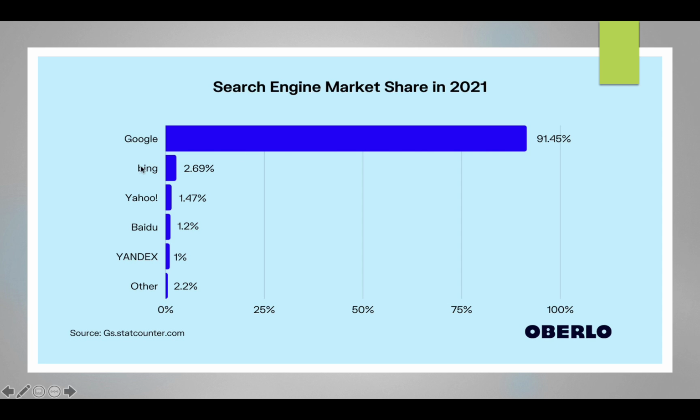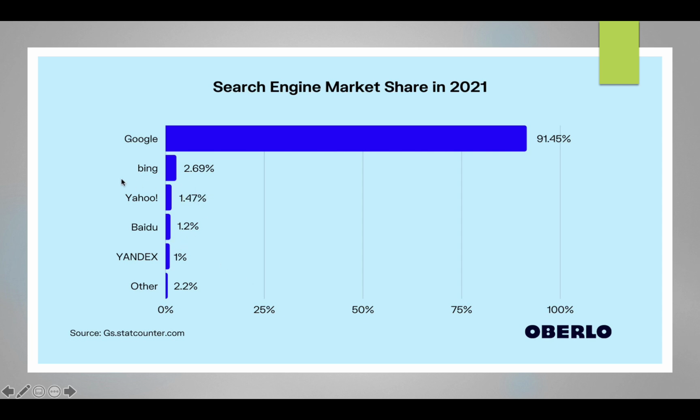You can see here that almost 91 or 91.5% of all searches start on Google, which means that we really need to understand the Google algorithm, and we need to optimize your web properties to be able to be indexed by Google. There are some others here, Bing, Yahoo, Baidu, Yandex, and some others that have been growing.